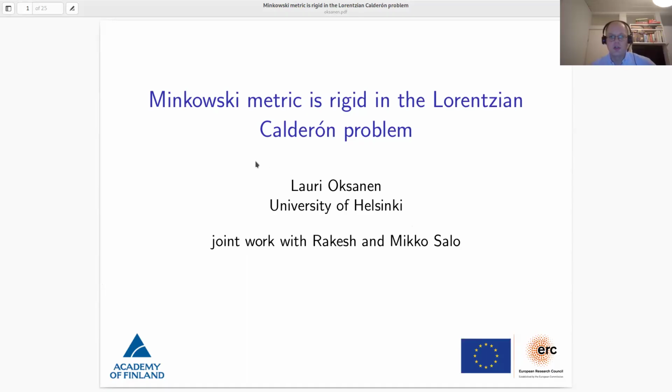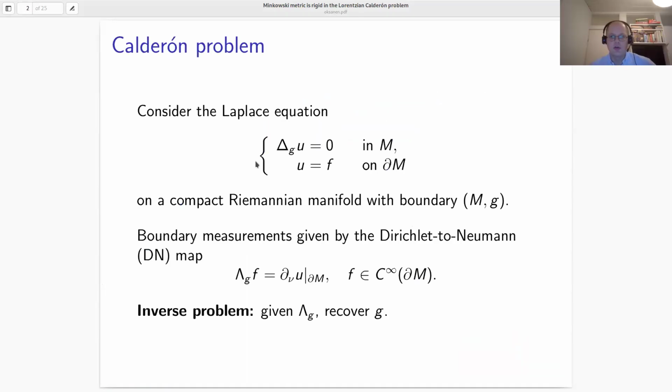Let me start by recalling the more classical Calderón problem, and then I will move to this Lorentzian version. I'm interested in this geometric version of the Calderón problem, where we look at a harmonic function u on a Riemannian manifold with boundary, and f is the boundary value of u.